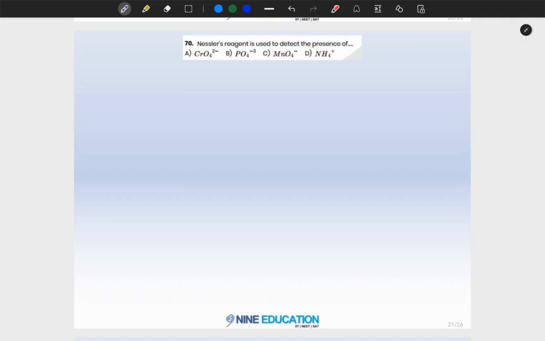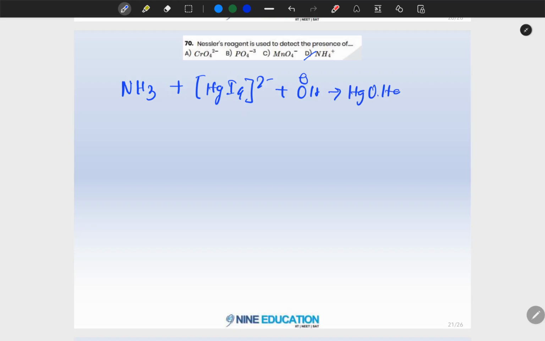Nessler's reagent is basically used to detect the presence of ammonia. So obviously D should be the correct answer. NH3 will react with HgI4 2- along with OH-, resulting in the formation of HgO.HgNH2I. This is the brown precipitate.